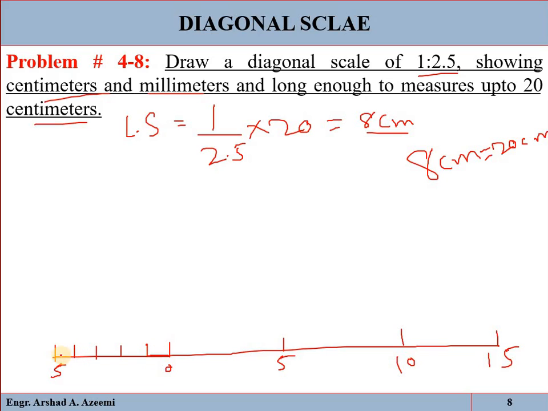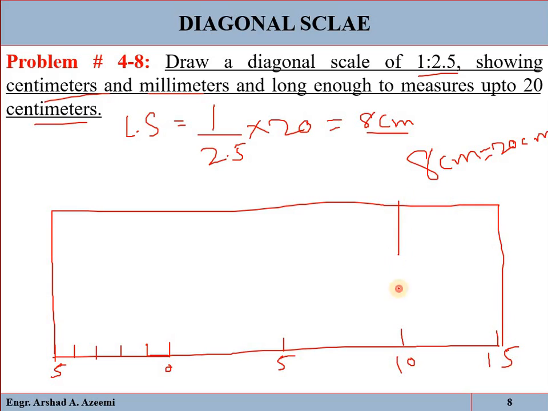Now further, if you have to take the dimensions up to the millimeter, just draw a perpendicular line at this point and divide it into 10 equal parts. For example, suppose this is 1, 2, 3, 4, 5, 6, 7, 8, 9 and 10.